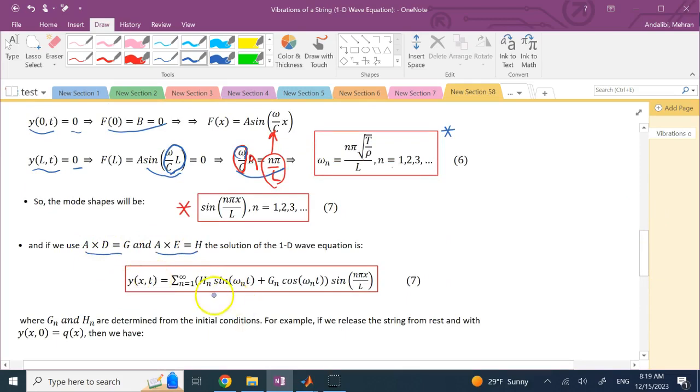So my y is going to be h times sine omega nt plus g times cosine omega nt, the whole thing, that's your g, times sine of n pi x over L, that's your f. And why do I have a summation? Because remember, this omega n, you don't have one of that, you have infinitely many of that.